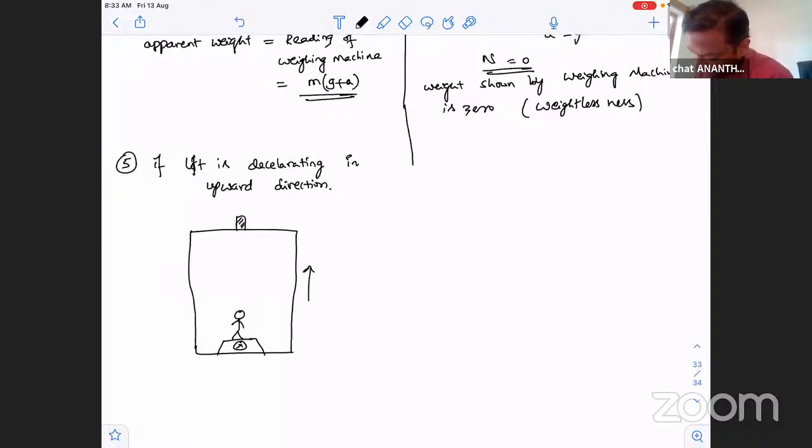See, now acceleration is negative, not positive. This is the decelerating direction.